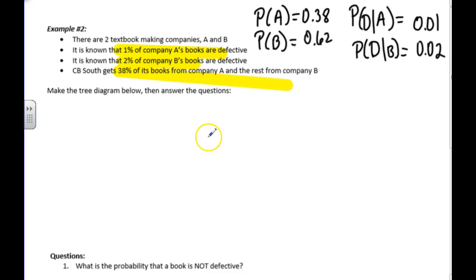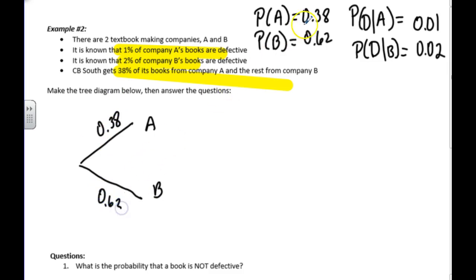The next thing you want to do is to create your tree diagram. When we're looking at this, just think about what makes sense. Okay, I have two choices. I have company A and I have company B. So that will be my first options. And we were given that that was 0.38, 0.62.